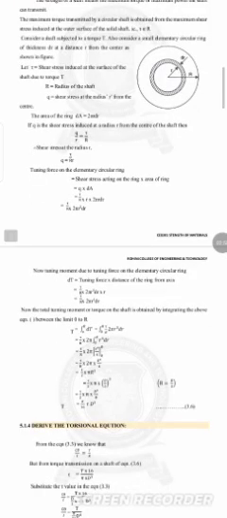Therefore, the area of the ring dA is equal to 2 pi r into dr. Then q is the shear stress induced at the radius r from the center of the shaft.